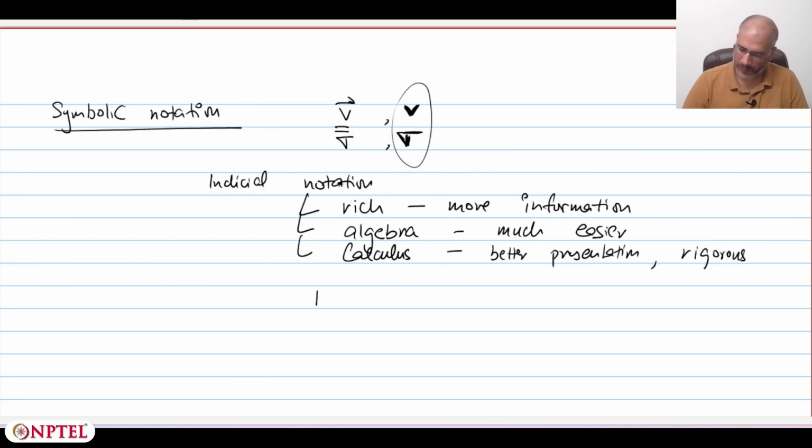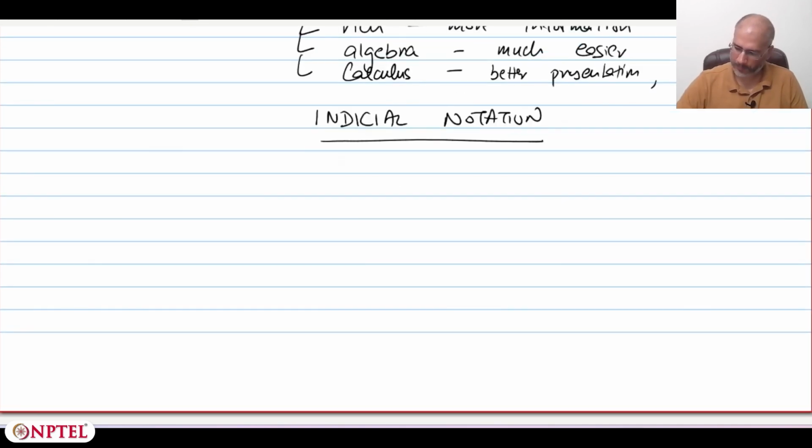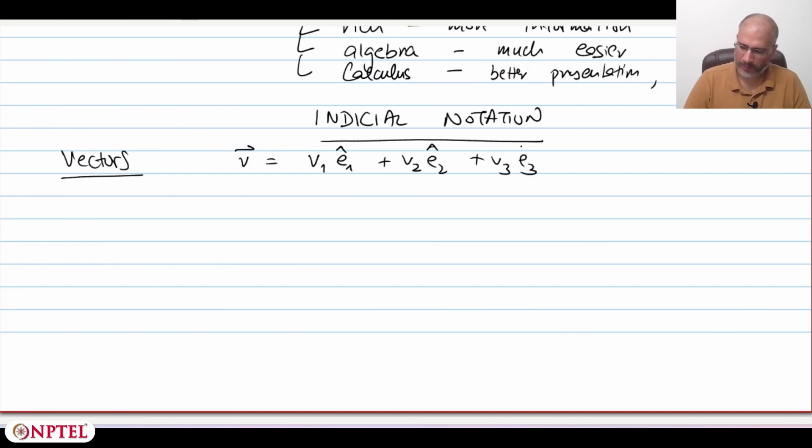So the detailed topic now is indicial notation. Vector v is written as v1 e1, where v1 is the component of the vector in the e1 direction, plus v2 e2 plus v3 e3. So e1, e2, e3 are unit vectors, as we just mentioned.